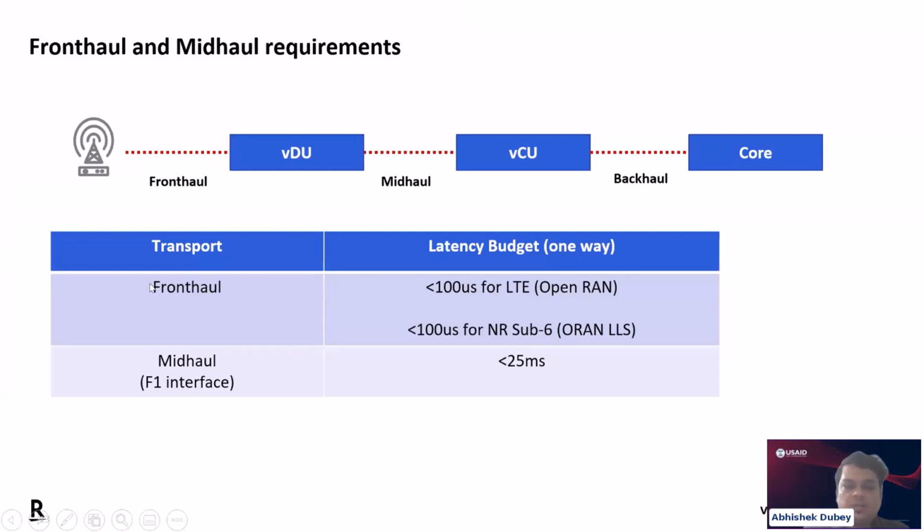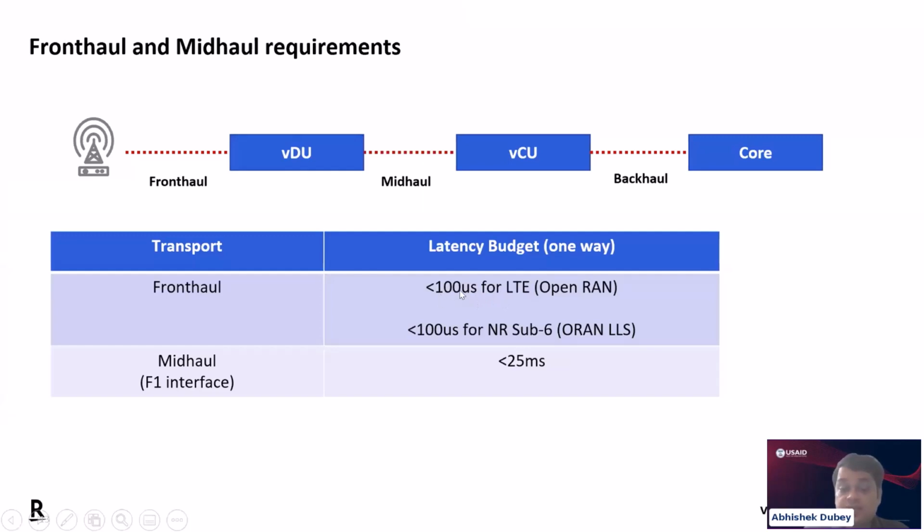So let's say what latency you require, because transport planning is mainly based on the latency requirement. Okay. So let's see the front haul latency budget. This is one way, not the round trip. What latency budget is required? So for LTE in Open RAN, it is required to be less than 100 microseconds.